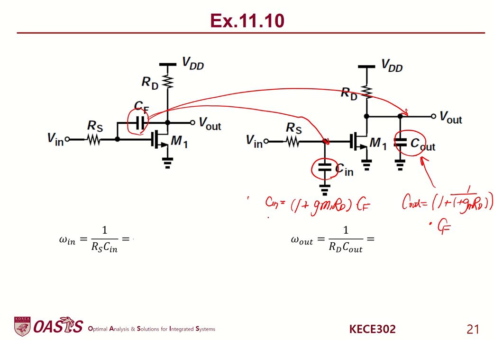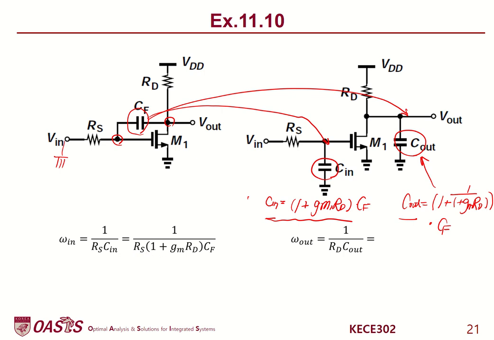So based on the obtained C input and C output, we can find out the location of the pole in here and there. So input pole location is simply, if you put this one to ground, it is 1 over RS times this value, which is given by that one.